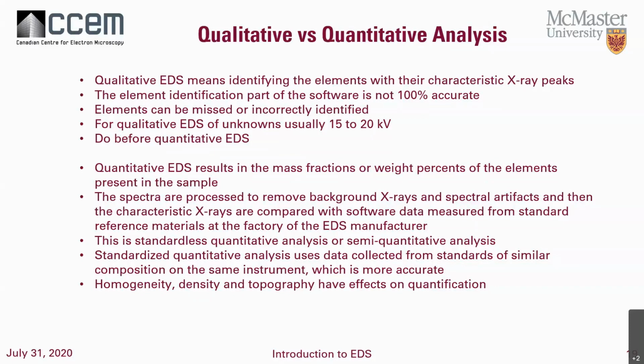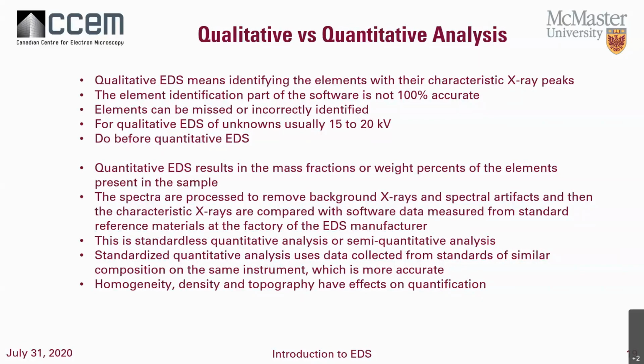So usually if you're doing qualitative EDS on something that's unknown, you want to start maybe in the 15 to 20 kV range so that you have enough overvoltage for most X-rays that are produced. You should do it before you do quantitative EDS, just so you have a good idea of what actually is going on.